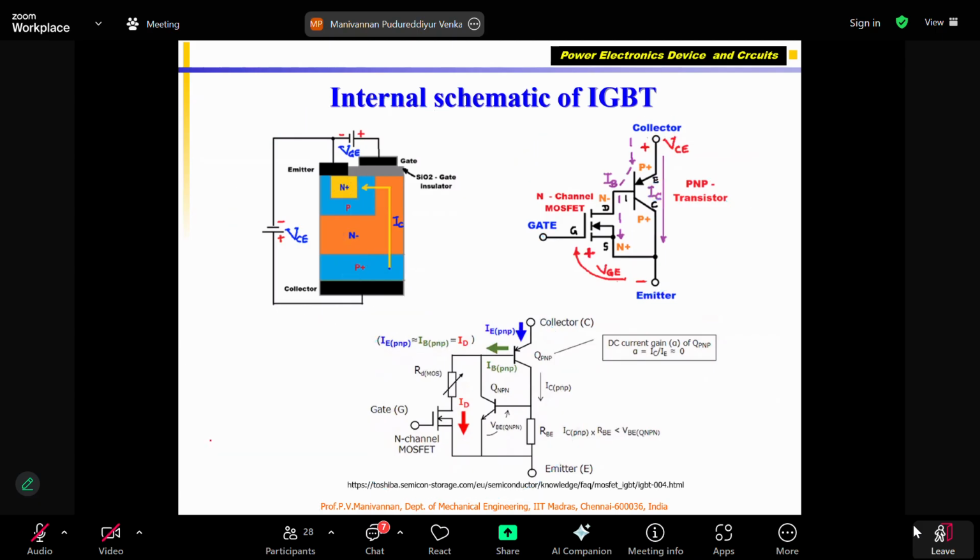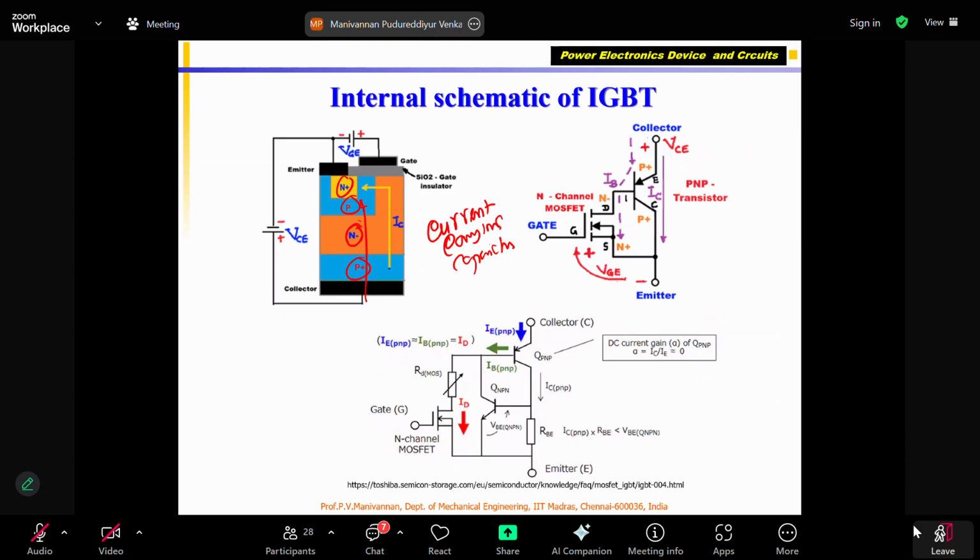Because of that, the amount of current flowing through the device is controlled by the doping density. That decides the current carrying capacity of any IGBT, transistor, MOSFET or diode. The higher the doping density, the higher the current carrying capacity, and it becomes a power MOSFET, power transistor, power diode or power IGBT.